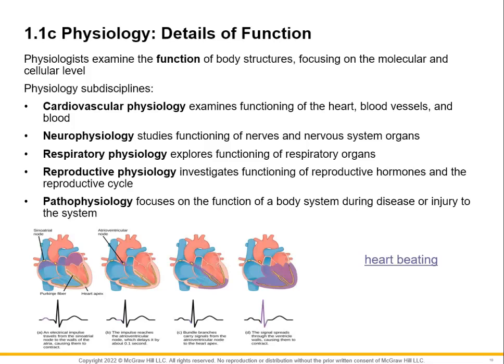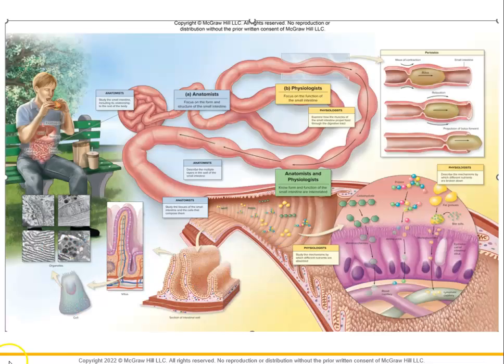And pathophysiology: pathology refers to the study of disease. So patho is disease. So pathophys is looking at the relationship between the functioning of an organ or organ system and disease or injury that may affect the way that system or that organ does its actual job.